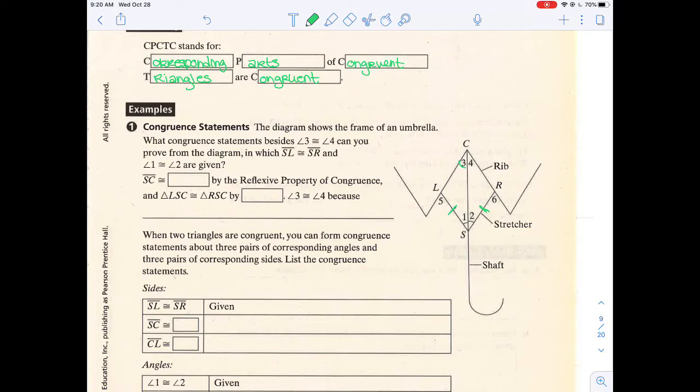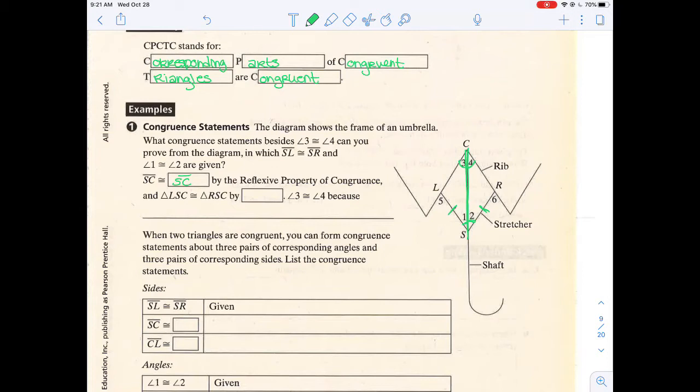Angle 3 and angle 4 is what they've already given to us. And angle 1 and angle 2 are given. So we know that these two, angle 1 and angle 2, are congruent. So SC, that's this side in the middle, is congruent to side SC by the reflexive property of congruence.